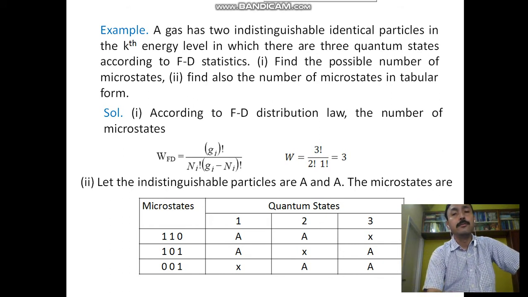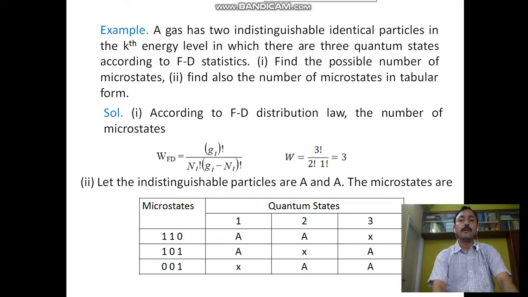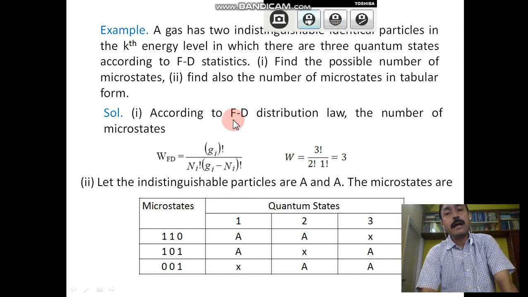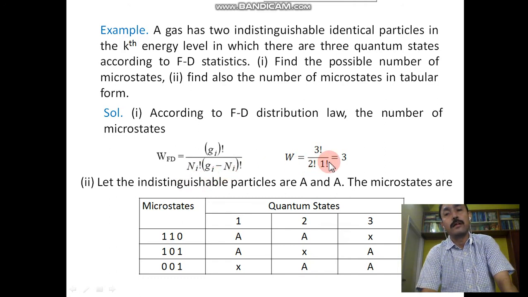This is WFD equal to Gi factorial by Ni factorial by Gi minus Ni factorial. So W becomes 3 factorial by 2 factorial by 3 minus 2, that is 1 factorial. So it becomes 3 into 2 factorial, 2 factorial cancel out, so this becomes 3. So the number of microstates should be 3 as per the formula.